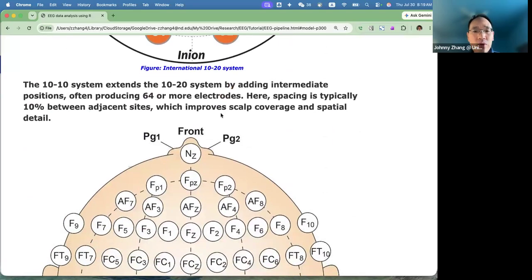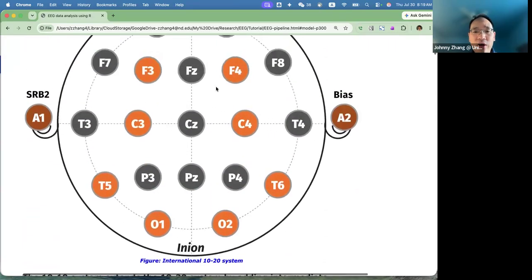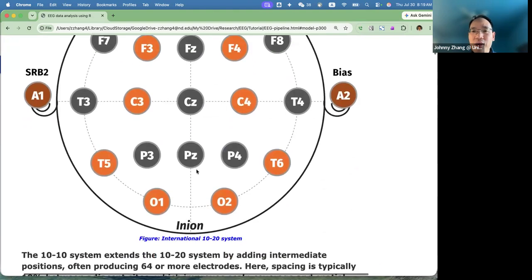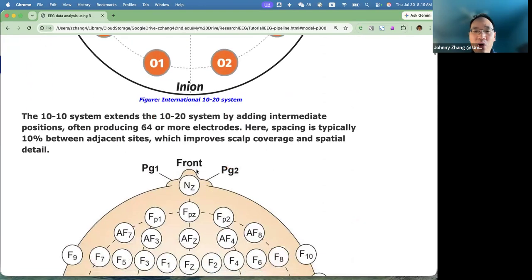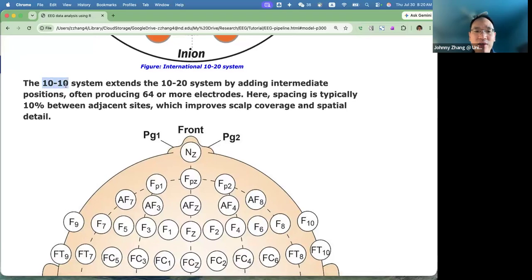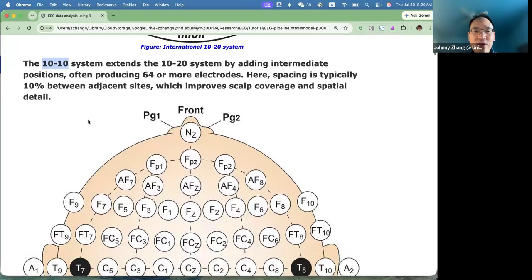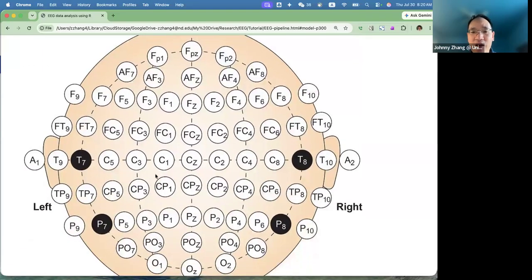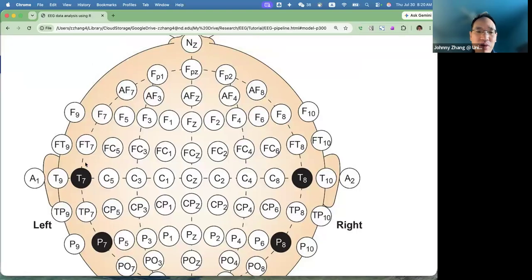So this is the earlier EEG data collection, where we have relatively few electrodes. Then to collect more brain activity, we can use the 10-10 system, which basically adds more electrodes to the head. You can think of it as adding an electrode in the middle between any two of the previous electrodes.